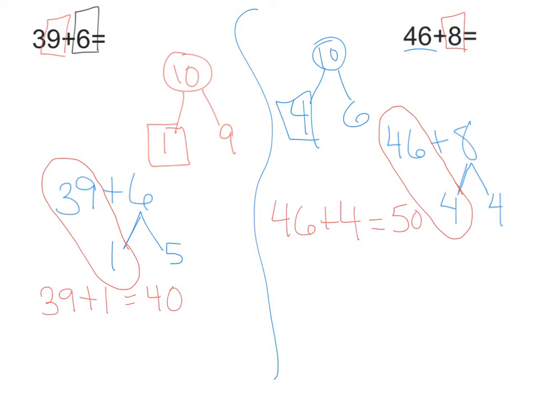Well, once again, I know that it's going to be more than that because I didn't just have a 4 in my ones place that I was adding. I had more than 4. So I still have this 4 over here, and I can't just leave it off. It's a part of my problem.